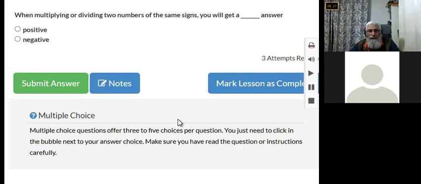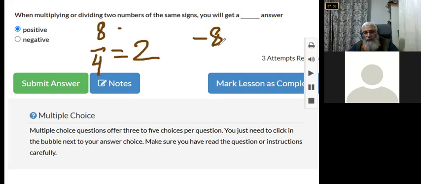Read. When multiplying or dividing two numbers of the same sign, the answer is positive. If you divide 8 by 4, the result is positive 2.